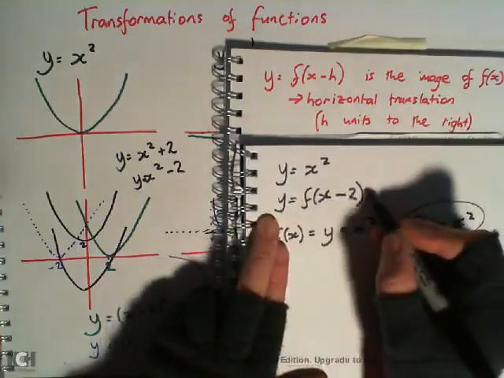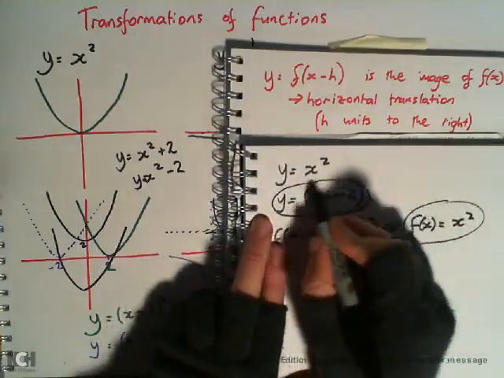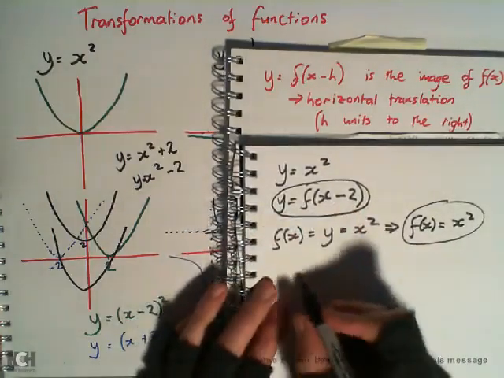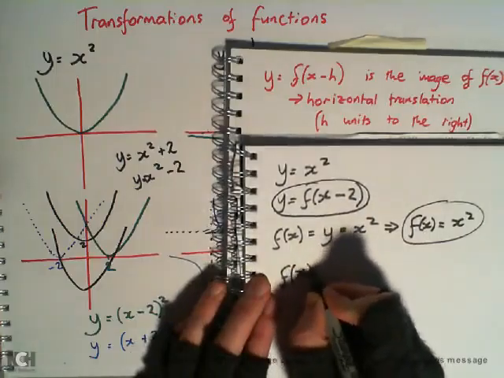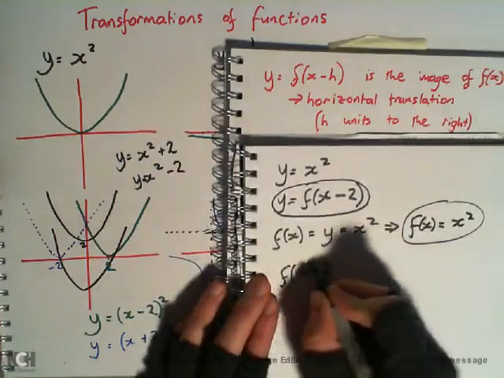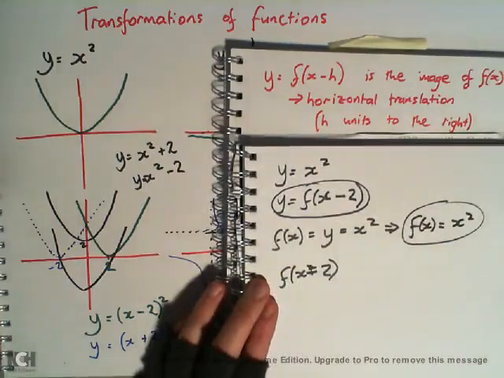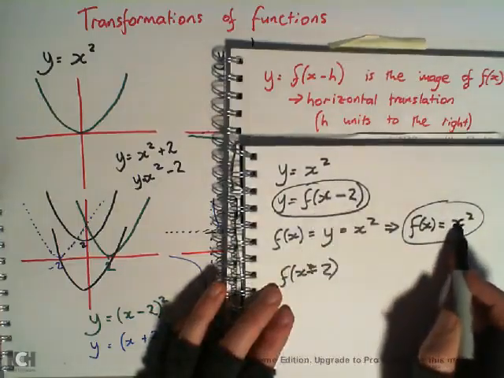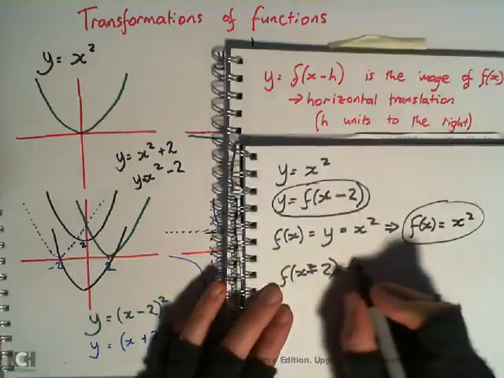Now I'm translating it by this one. So f of x take 2. Take 2, sorry. X take 2, I'm saying whenever I see x, I'm going to put x take 2.